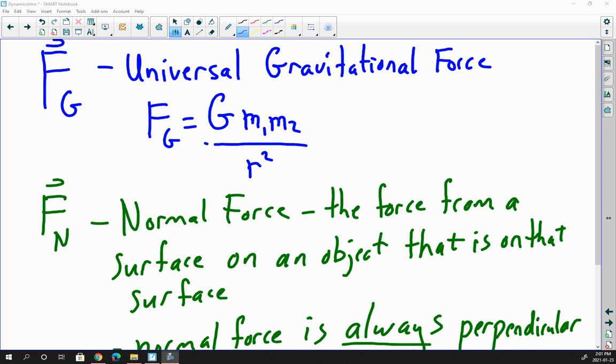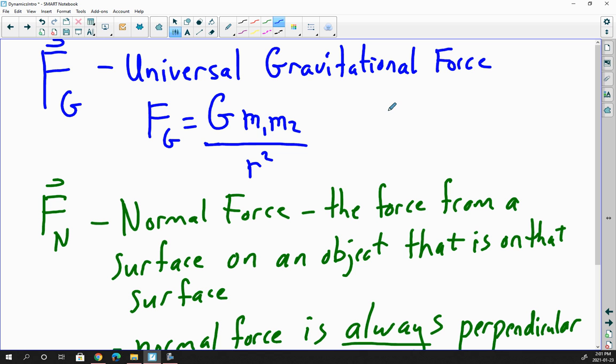Okay, let's continue here as I'm trying to remind you of some of the stuff you learned in grade 11. Here's another force we talked about in grade 11, F big G. What's up, big G? Universal gravitational force. We learned this in grade 11. Now in grade 11, instead of using an R squared down here, we use a D squared.